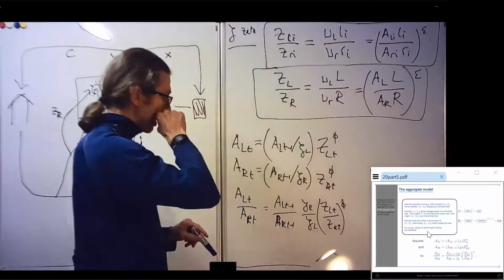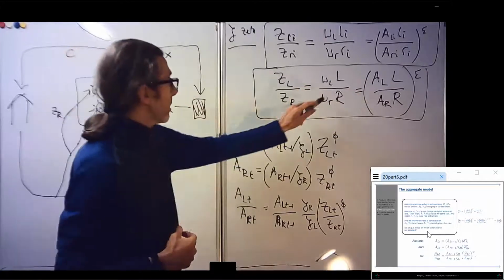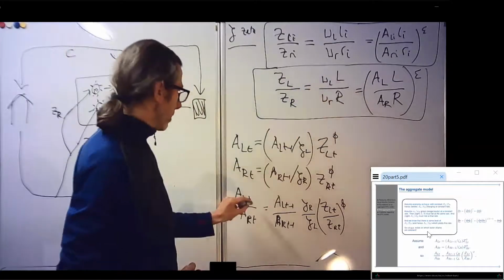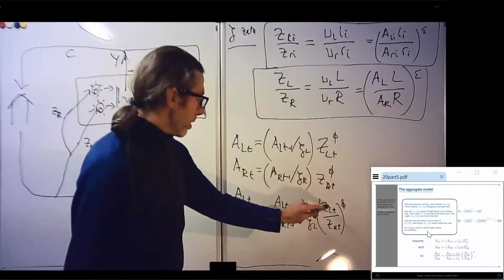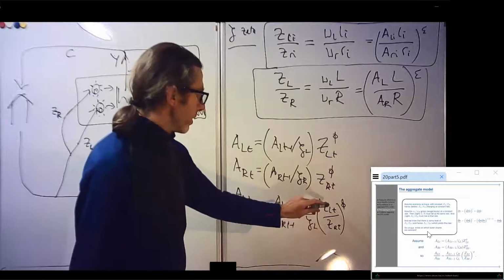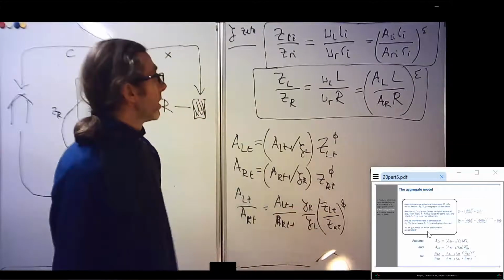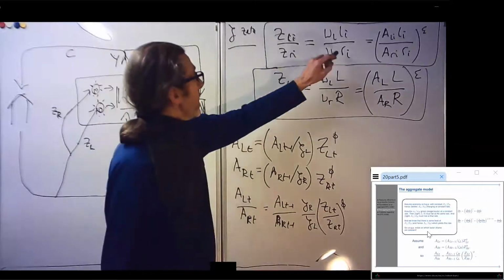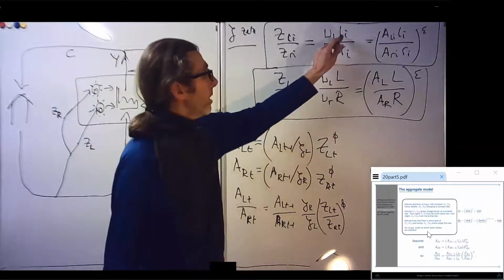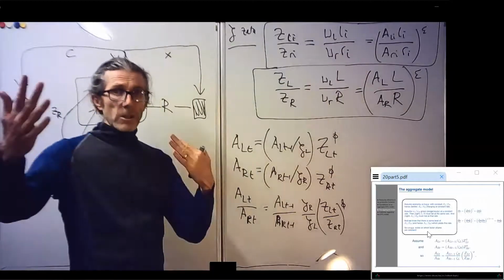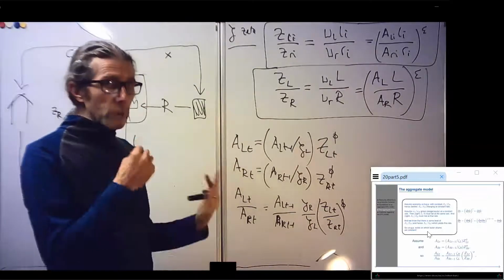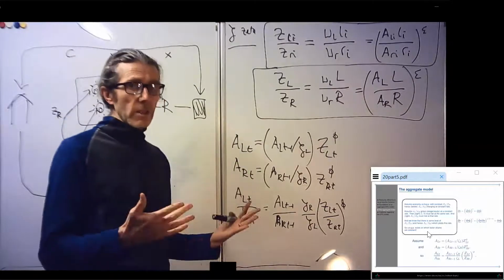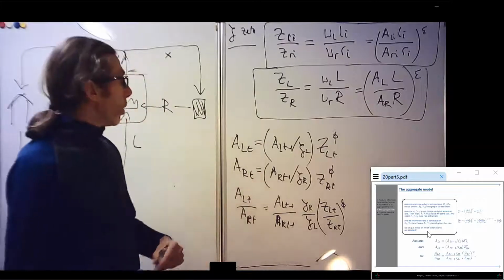For balance, when L and R are constant, AL and AR need to grow at equal rates, which means we need a unique ratio of ZL to ZR, which means we need a particular ratio of factor shares.